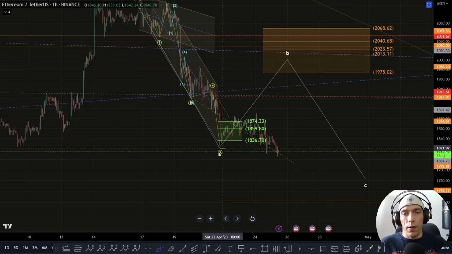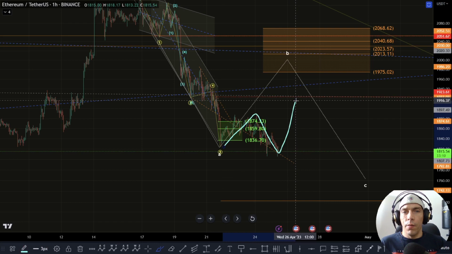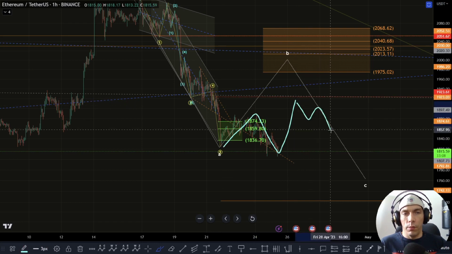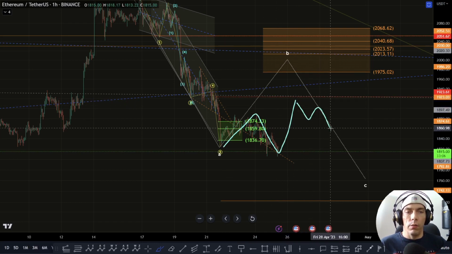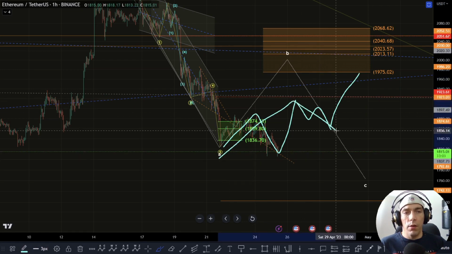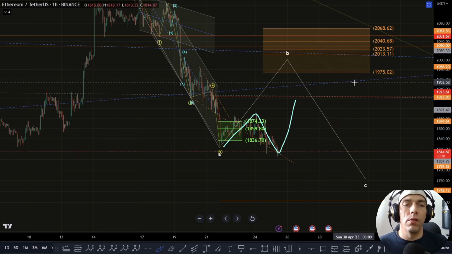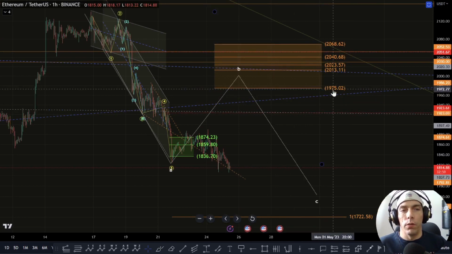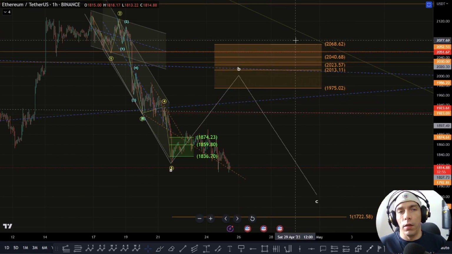If we have actually done that and we are forming a flat, what we would have to be cautious of is finding support again above these levels, and this becomes basically an A wave, a B wave, and a C wave, and we could start to see a push up towards the zone of this 1975 area to this 2068.